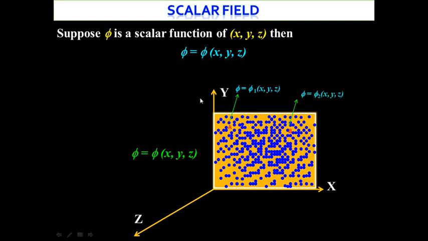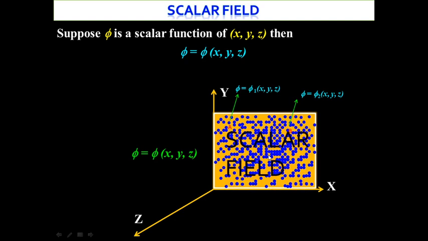It means inside this region at every point the value of scalar quantity is different, and it is continuous inside this region and definite. Because inside this region scalar quantity is defined, this region is known as scalar field.